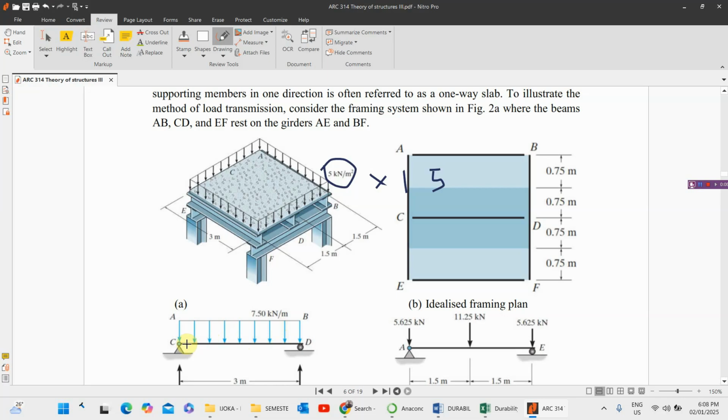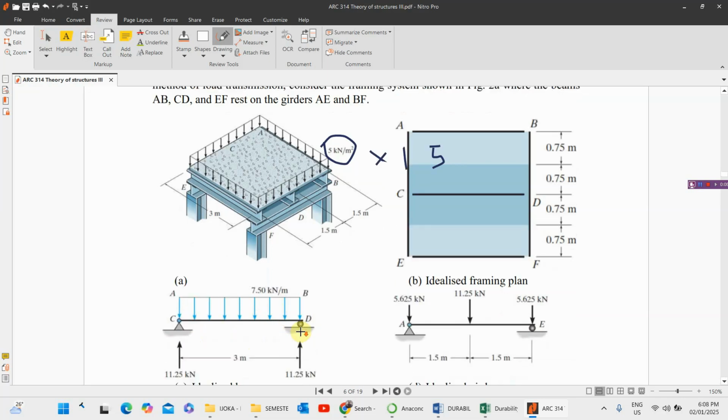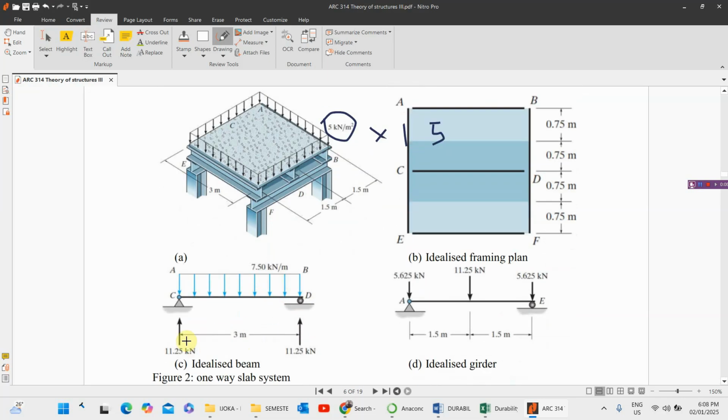Since it's simply supported, each support will carry half of that 22.5, which will leave us with 11.25 on this side and 11.25 on the other side. Please mind you, we are considering this beam CD.